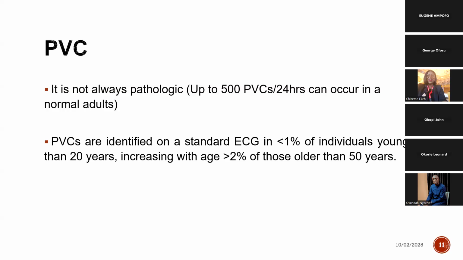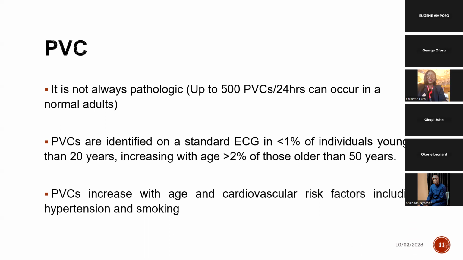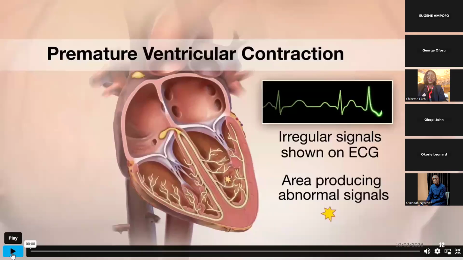PVCs are identified on a standard ECG in less than 1% of individuals younger than 20 years, and this increases with age to more than 20% in older adults more than 50 years. PVC also increases as an individual has cardiovascular risk factors such as hypertension, obesity, and smoking.